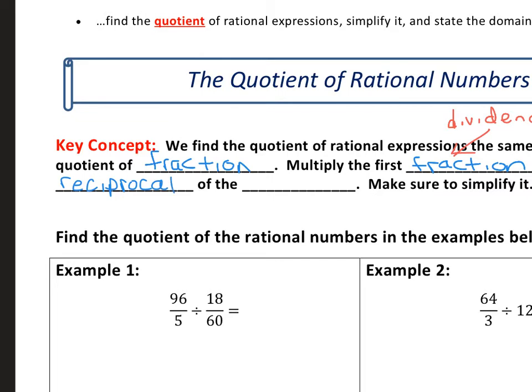And that second fraction is called the divisor. So I'll put divisor in here, and then in blue, I'll say the second fraction. And of course, just like multiplication, we're going to simplify the result.